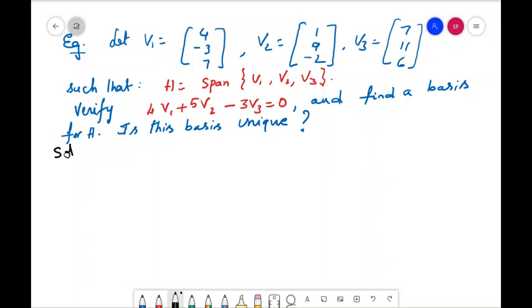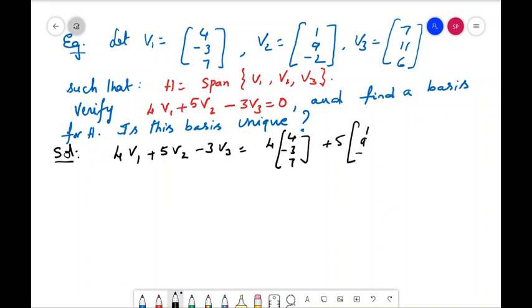First we have to check the condition 4v1 plus 5v2 minus 3v3 is equal to 0. So 4v1 plus 5v2 minus 3v3 is equal to 4 into (4, minus 3, 7) plus 5 into (1, 9, minus 2) and minus 3 into (7, 11, 6).